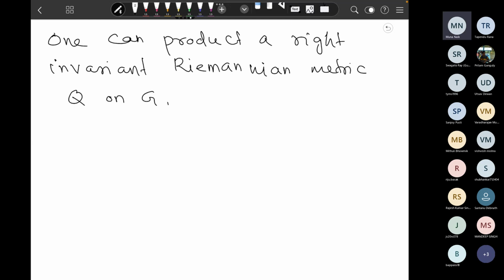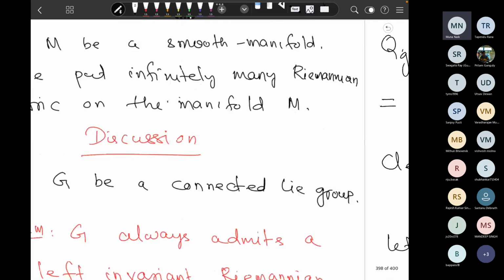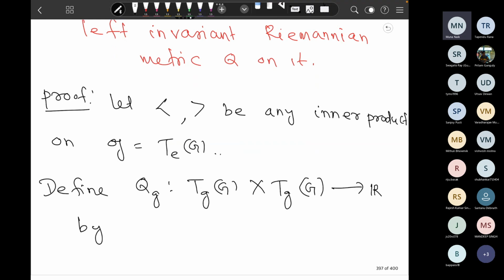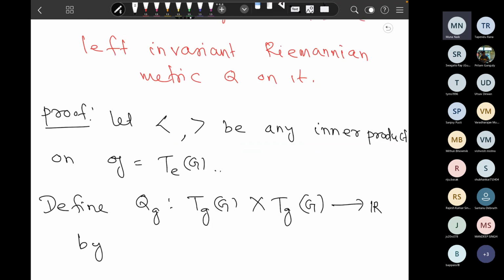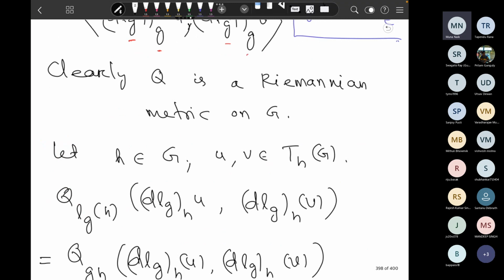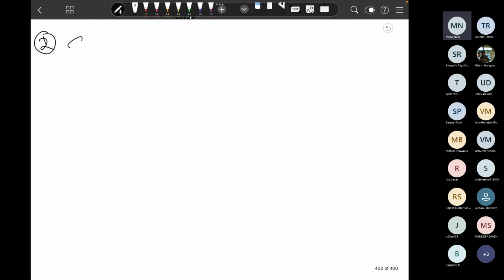The second remark: observe that this inner product is completely arbitrary on the tangent space at the identity. So in principle, we can get infinitely many left invariant Riemannian structures on the Lie group G, since this choice is arbitrary.